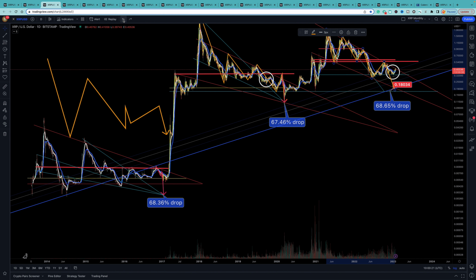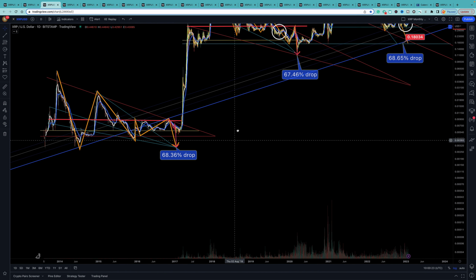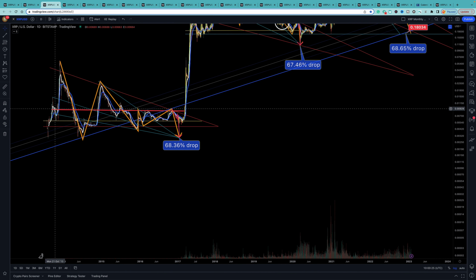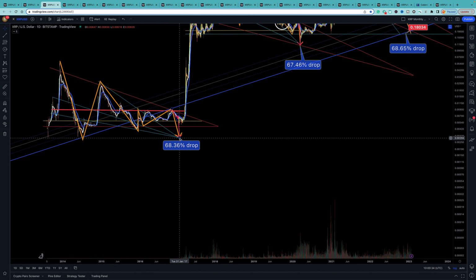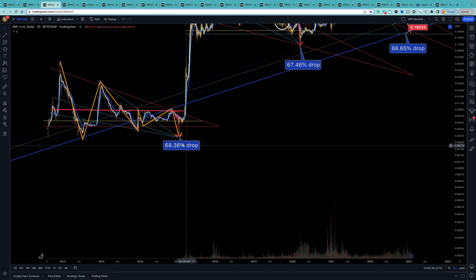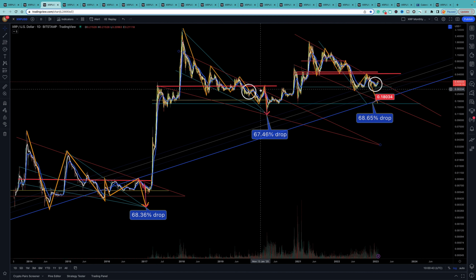Okay, so now again, you can see that there is a point of control line here, center line here, and that it comes up, it tests it, and then it does one more drop before a proper breakout. So it does the 68.36 here.